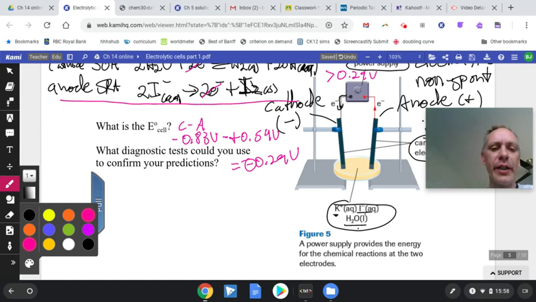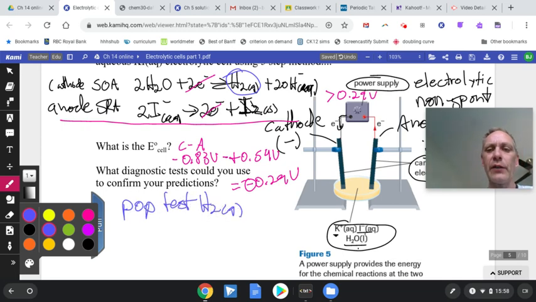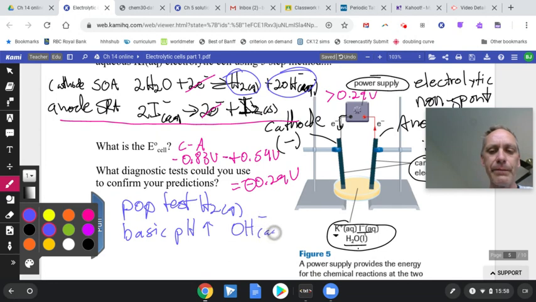Okay, diagnostic tests. What could we use for diagnostic tests? Hydrogen gas, pop test. We're producing hydrogen gas. That's number one. Hydroxide is going to be basic, so pH increasing due to OH minus.